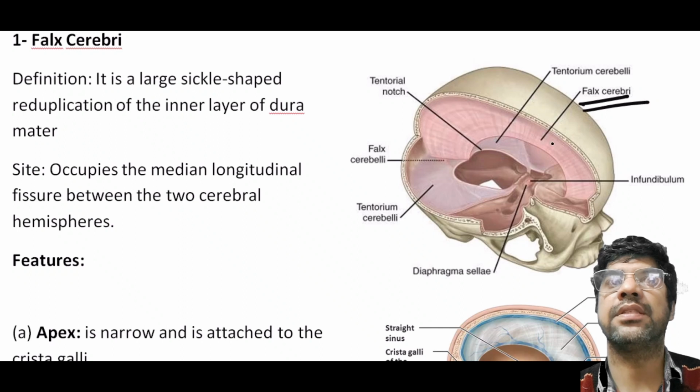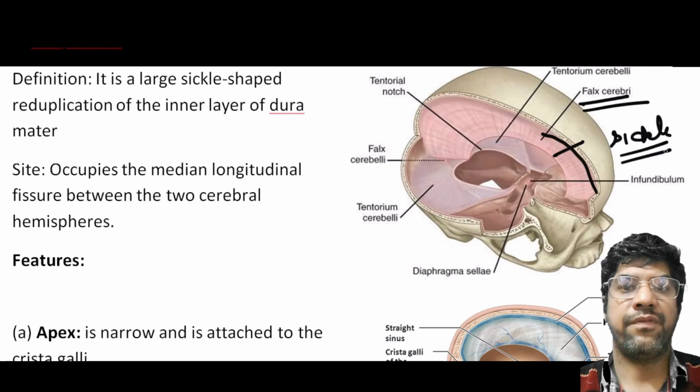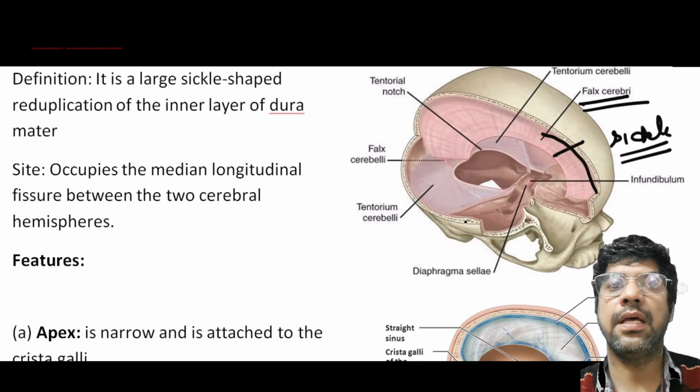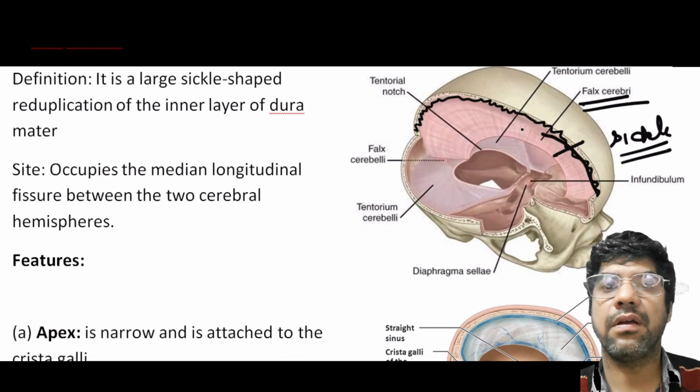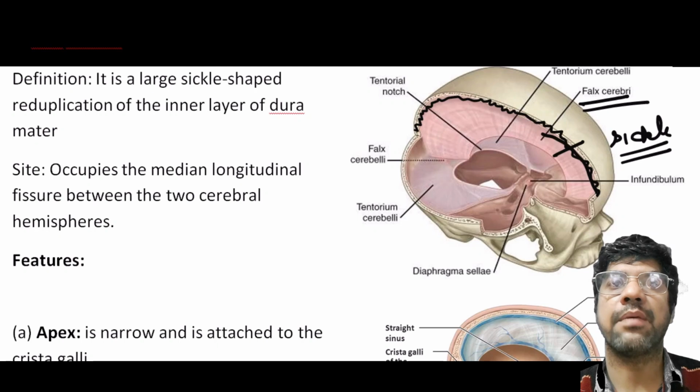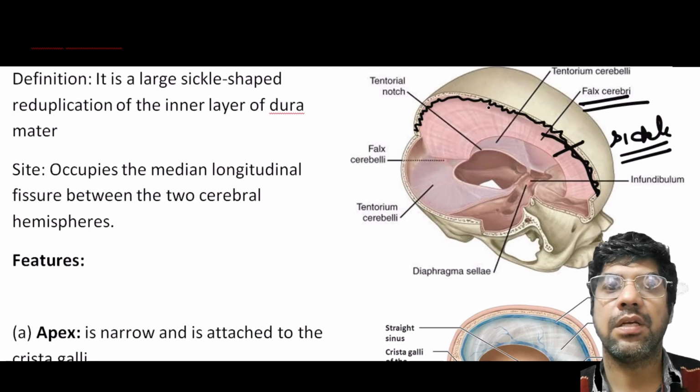It is a large, sickle-shaped fold of the meningeal layer and it sits in the middle along the longitudinal fissure, between the two cerebral hemispheres.